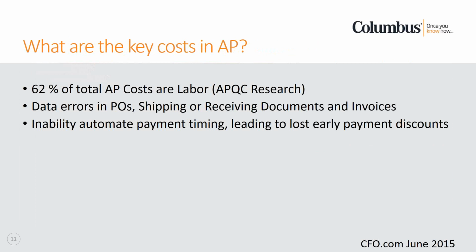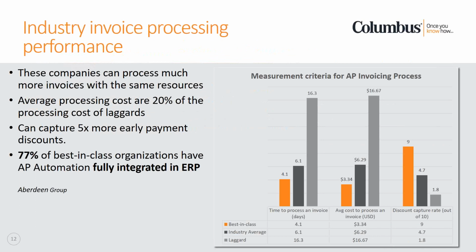We've got another study, a little bit older than that, from the Aberdeen Group, that adds a couple more KPIs. The KPI we are talking about, average cost, is in the center of that chart. The numbers they found were a little bit wider than the previous one: $3.34 for the most efficient, which they call best in class, and the worst performers are all the way over $16, almost $17 an invoice.